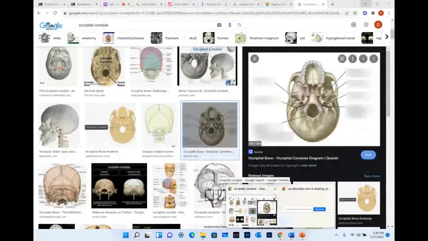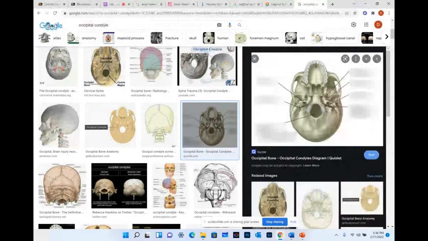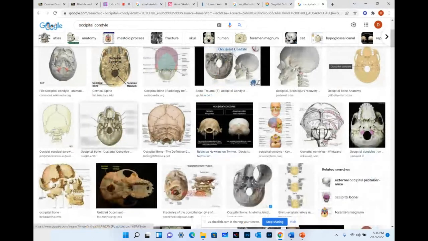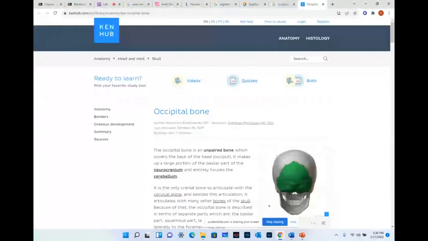And if you want, you can look at another photograph as well right here. You see this?